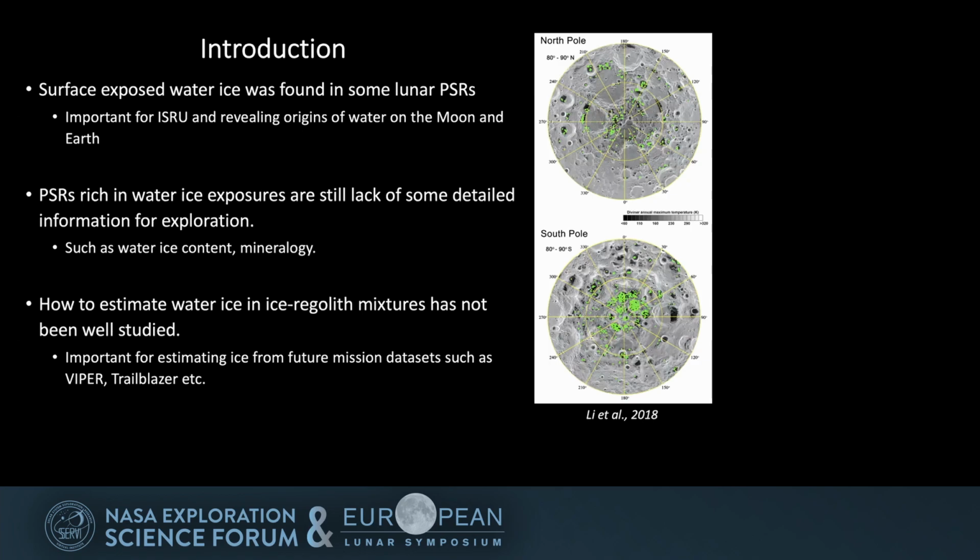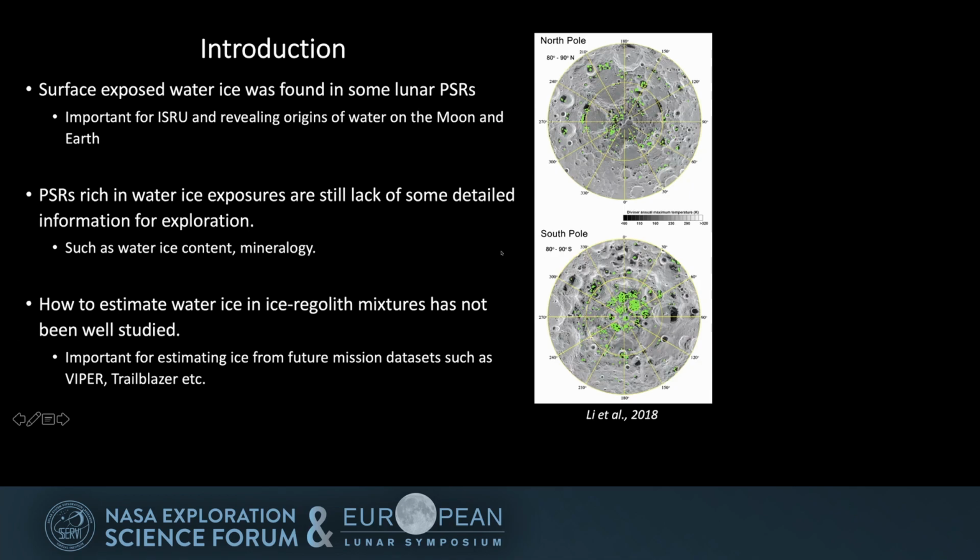However, PSRs hosting water ice exposures still lack some detailed information for future exploration, particularly the ice content at each PSR and also the associated mineralogy. We still need further studies.